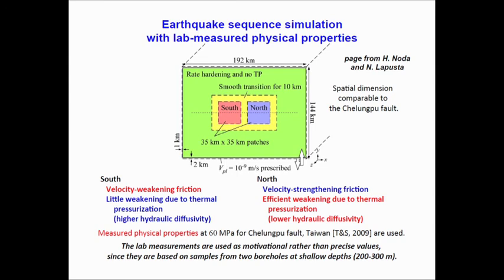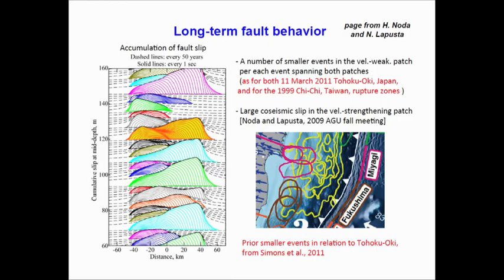of earthquakes on a patch that was loaded in shear, with a southern patch easy to nucleate earthquakes on but not susceptible to dynamic weakening, and a northern patch hard to nucleate but susceptible to dynamic weakening by thermal pressurization.